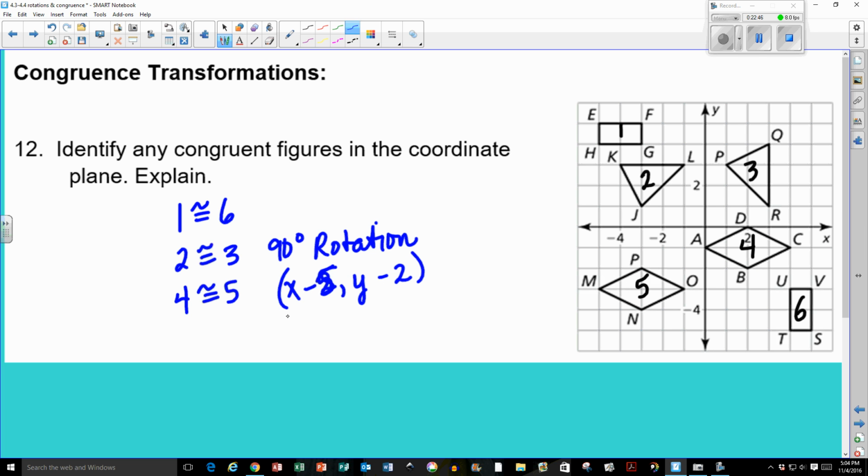So that one's a translation. This one is a reflection over the line. So if we drew that line through here, this is a reflection of that. So that's how each one of these are congruent.